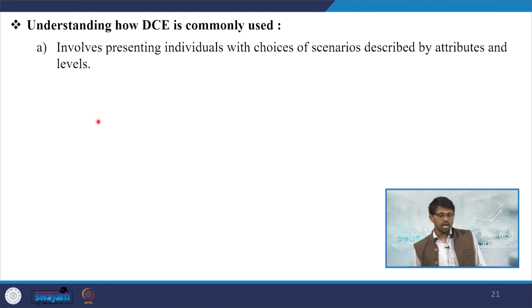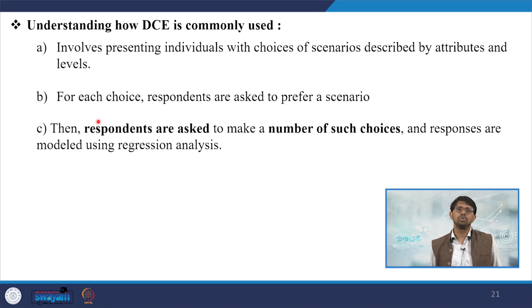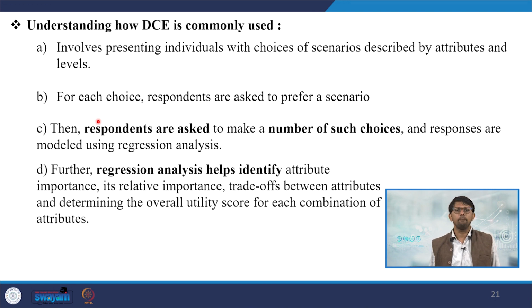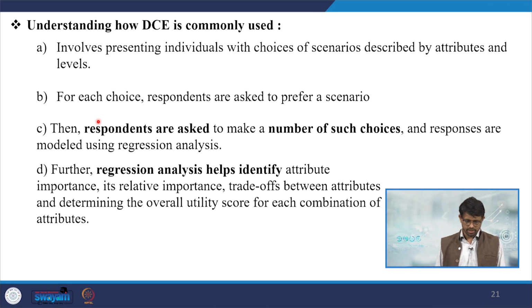So, understanding how DC is commonly used: this involves presenting individuals with choices of scenarios described by these attributes. For each choice, respondents are asked to prefer a scenario. Then respondents are asked to make a number of such choices. Responses are modeled using regression analysis.